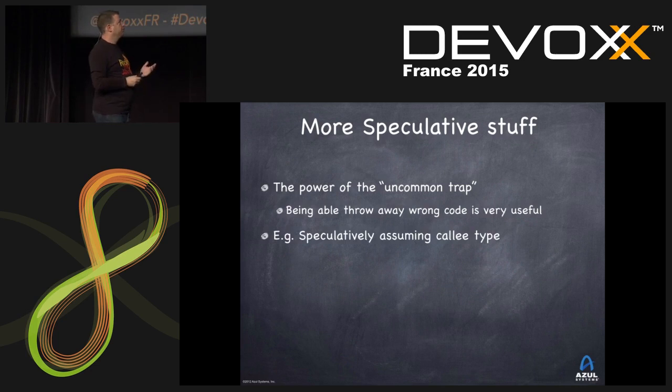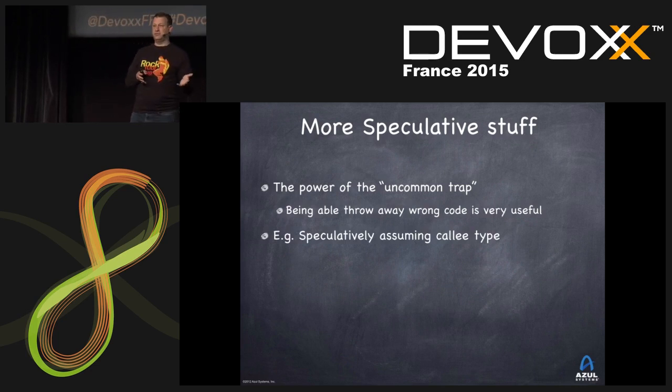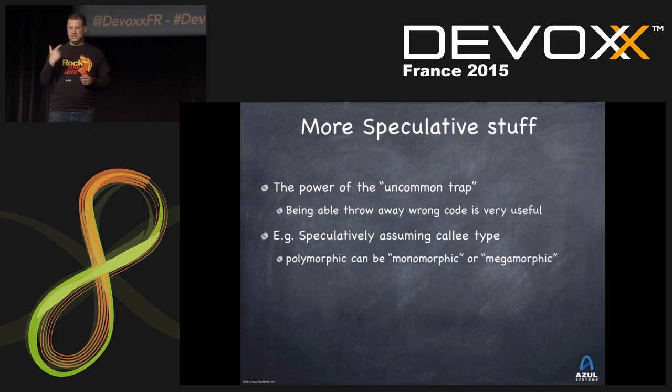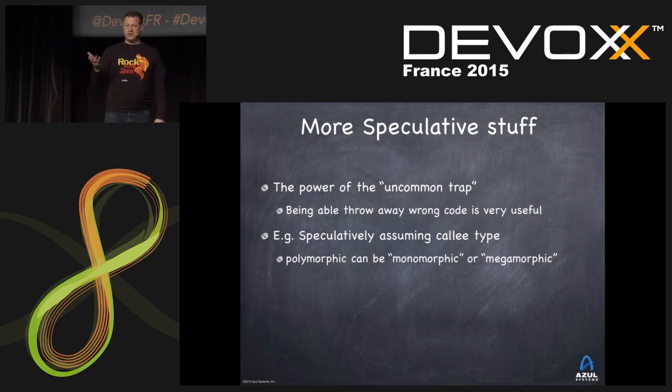Now, for example, we can speculatively assume the callee type, even though we can't prove what it would be. So take an example of the call I just made before. We have an animal.getColor call. And right now in this universe, there are multiple implementers, right? There's dogs and cats and birds that use the same implementer, but there's a chameleon that changed the implementation.